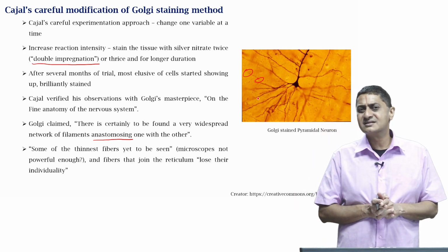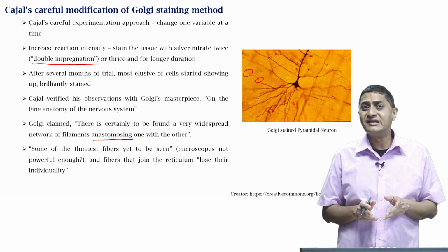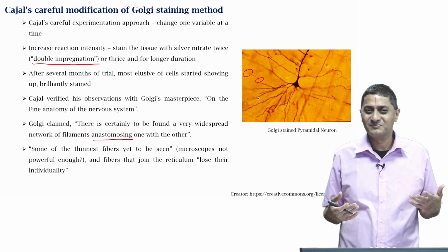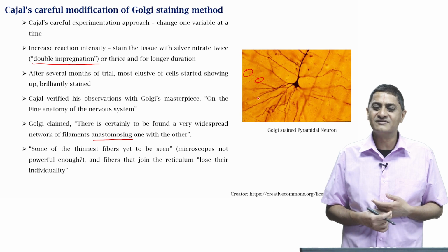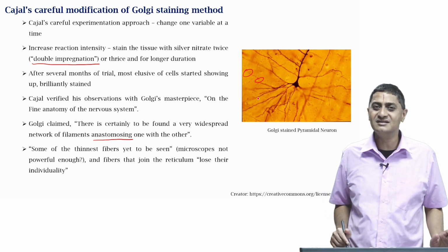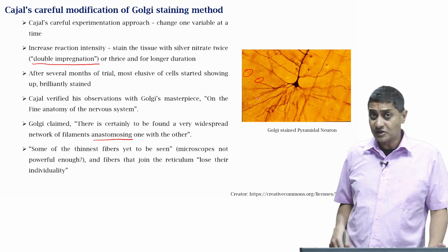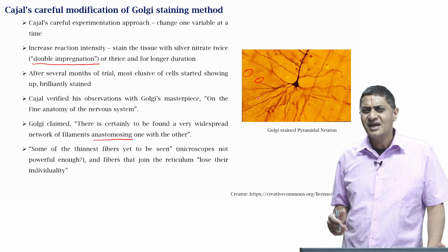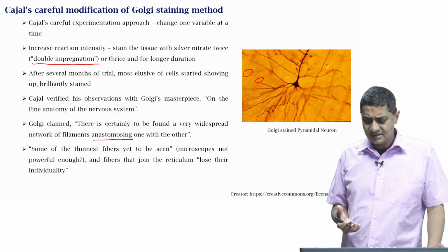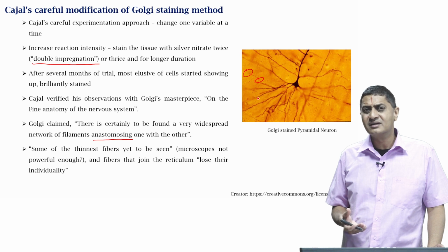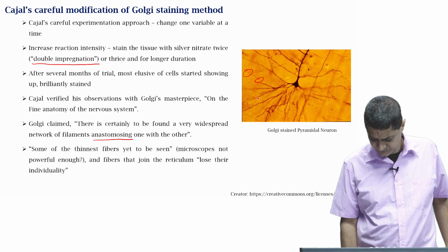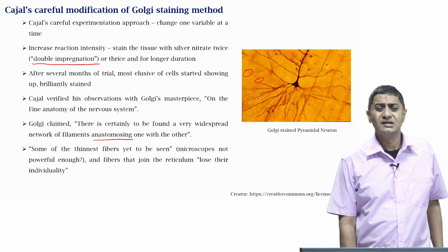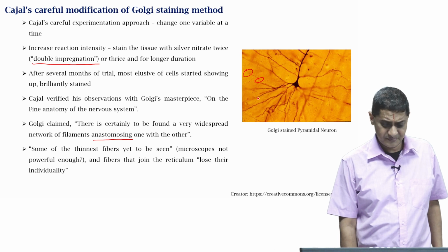In that case, how is it that we learn things, we adapt? It is not possible for us to learn if the entire nervous system has a single identity or a single individuality. That is one philosophical argument. Besides, his own observation showed that the fibers were not anastomosing with each other, but rather were independent. So, Cajal remained unconvinced about Golgi's reticular theory.